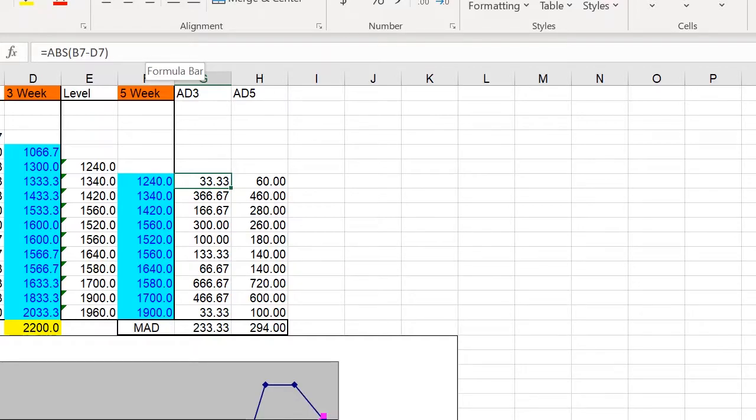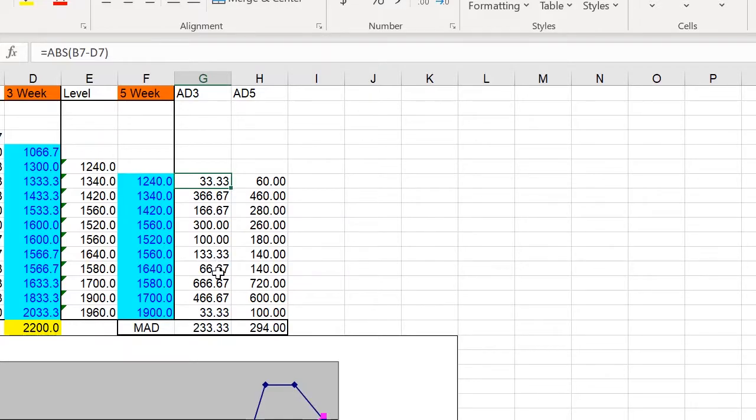That's what I'm looking at, and that would be demand minus the forecast. This is for the 3-week model. We are dropping the sign because over-forecasting is as bad as under-forecasting, so we use the absolute value, which gives us 33.33.